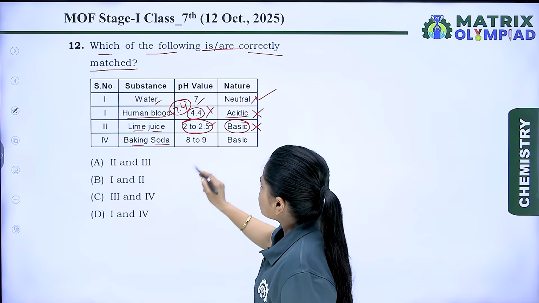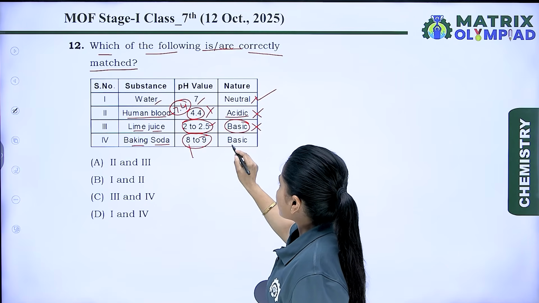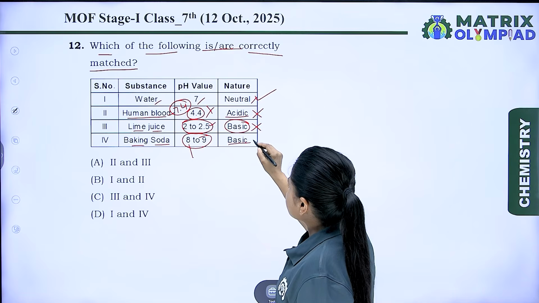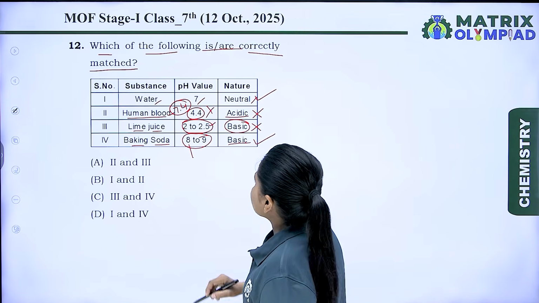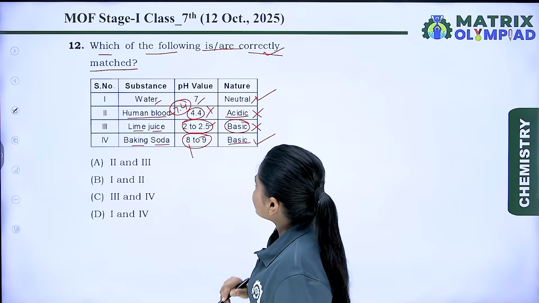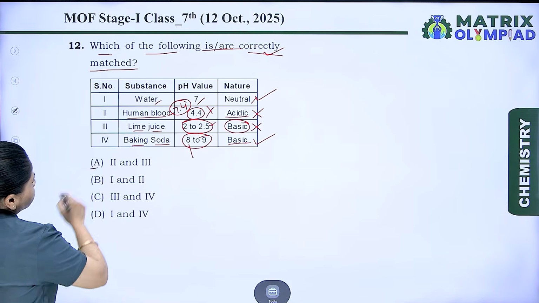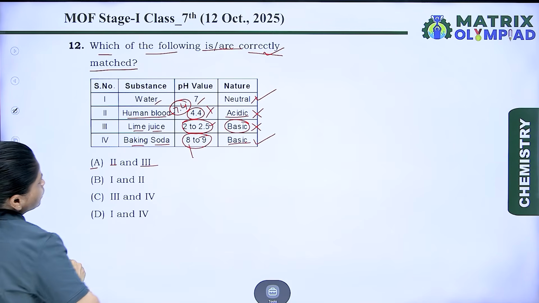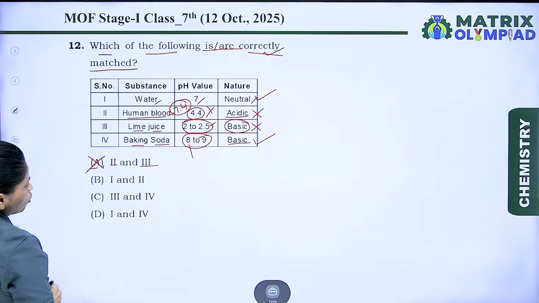Baking soda, the pH is given as 8 to 9 and the nature is given as basic, this is true for baking soda. So as we have to choose correctly matched, let's choose from the options. A. Second and third. No, both are wrong matches, so it is a wrong option.